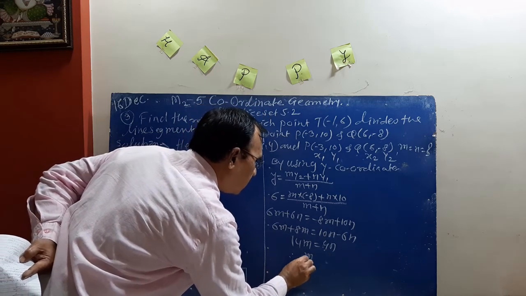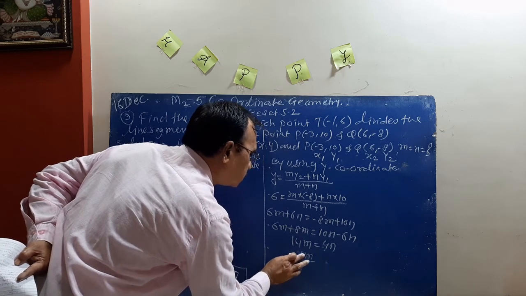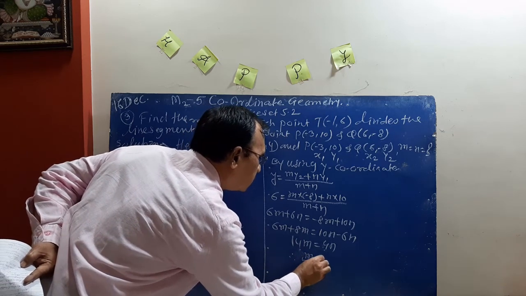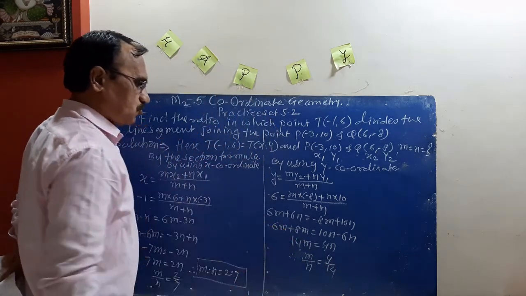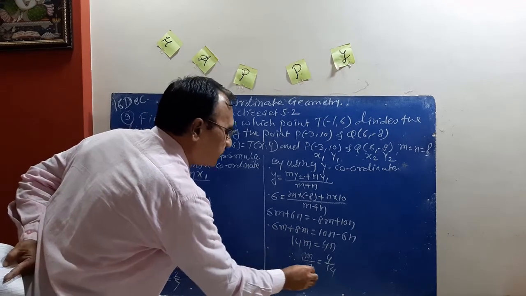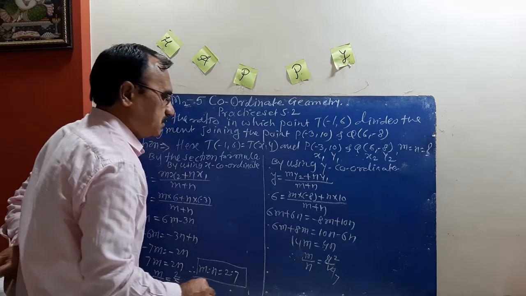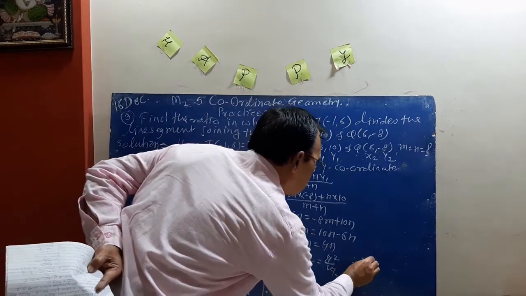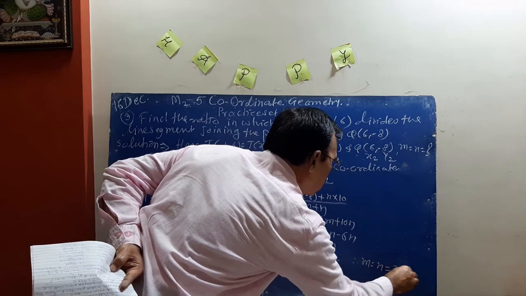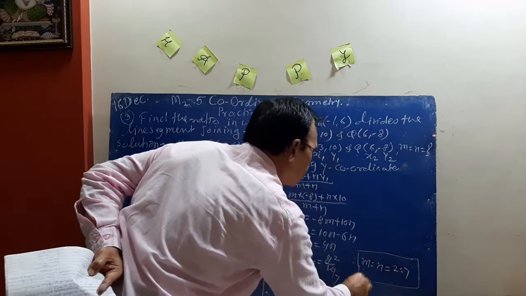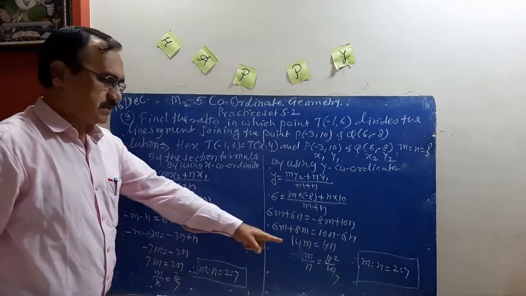And therefore m upon n is equal to 4 upon 14. 14 goes on that side, n comes on this side. 2 twos are 4 and 2 sevens are 14, and therefore the required ratio m to n is again 2 to 7. That means using the x or y coordinate, our ratio is the same.